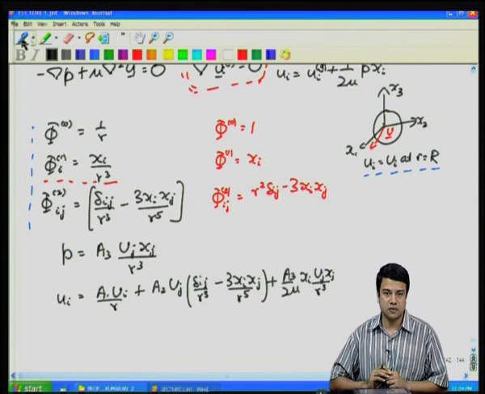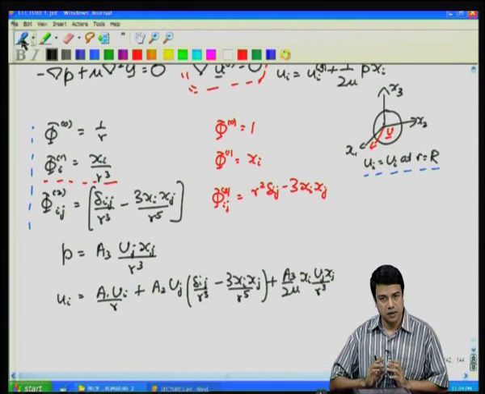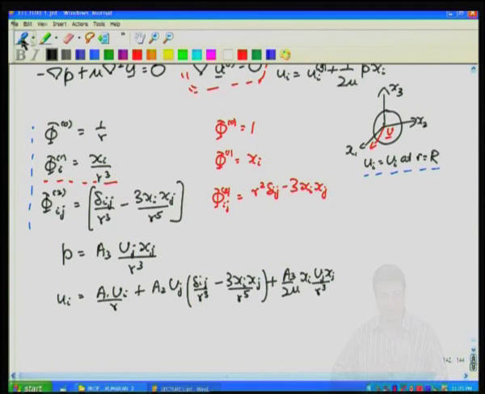Also, for Stokes flow, we know that the solutions have to be a linear function of the velocity. I had shown you that since the equations for the velocity and the pressure field are all linear, a change in the velocity at the bounding surface is going to result in a proportionate change in the velocity and the pressure everywhere within the domain.